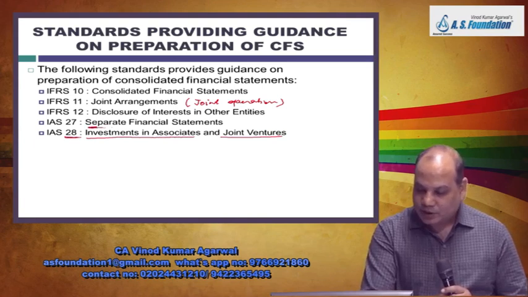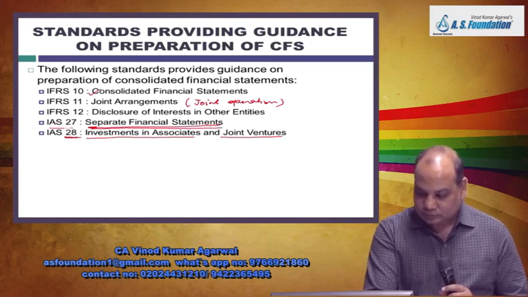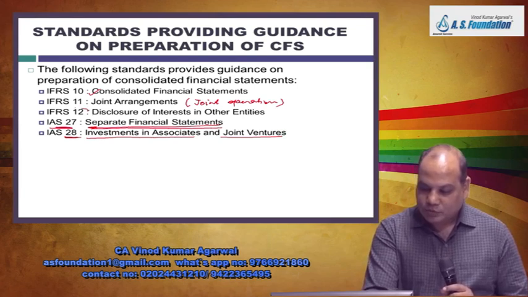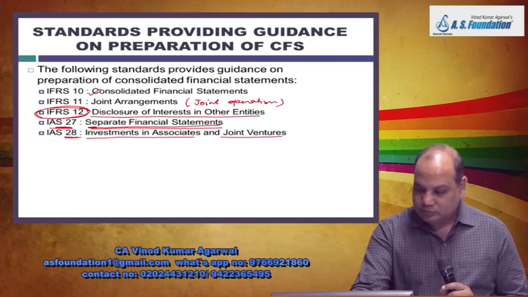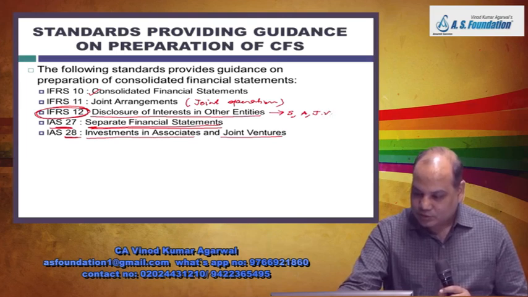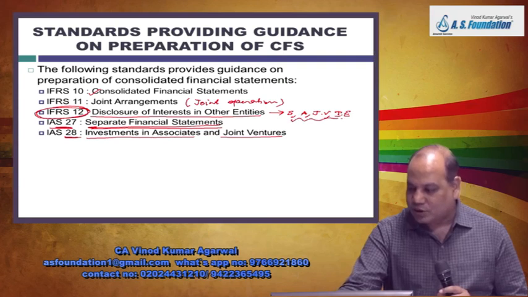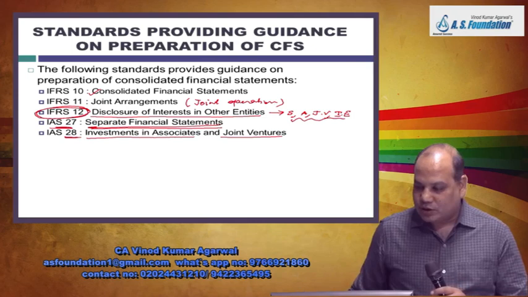In the separate financial statement, that is when we are not preparing consolidated financial statement, IAS 27 will apply, and there is a comprehensive standard on disclosure, IFRS 12, which contains disclosure related to subsidiary, associate, joint ventures, investment entities. All disclosures will be covered under this standard. Okay, so one single standard to cover disclosure requirement under other standards.